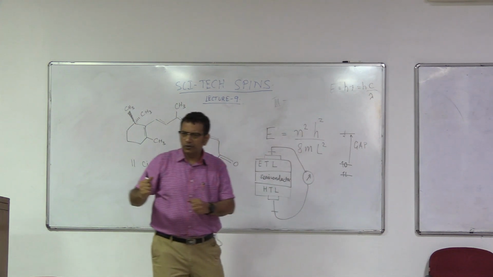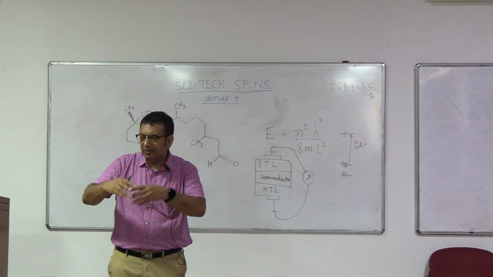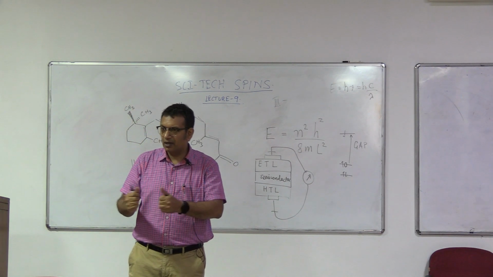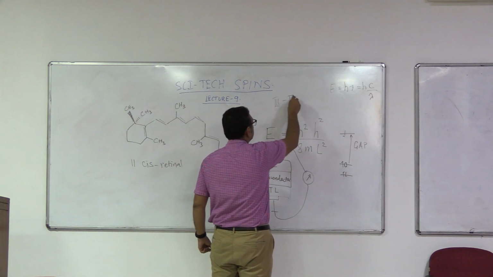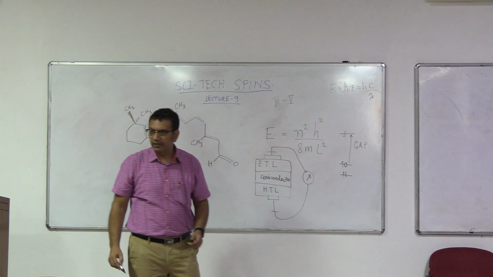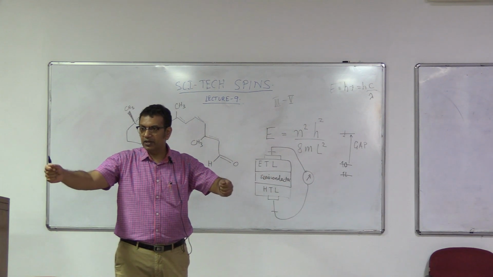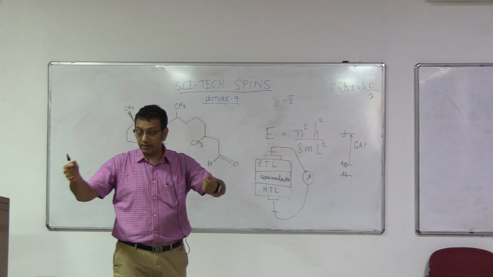Carbon was group 4. So if I have to maintain my neutrality, then I need another element from group 5. So these are called 3-5 semiconductors. So I can have aluminium nitride, boron nitride, gallium nitride.